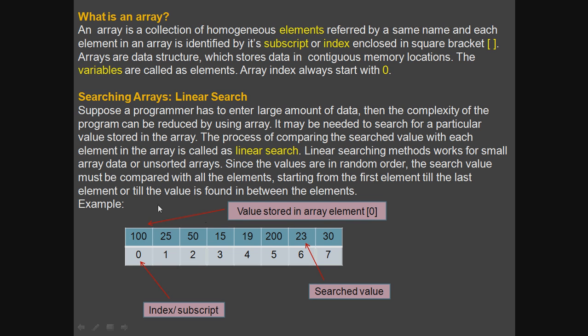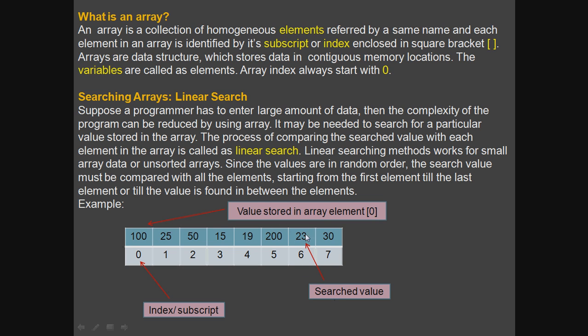So searching for the data becomes much easier in an array. However, when we use this linear search format, especially when the values are unsorted, it becomes a tedious task, because we have to start from the first array element till the last array element, or until you find the search value.